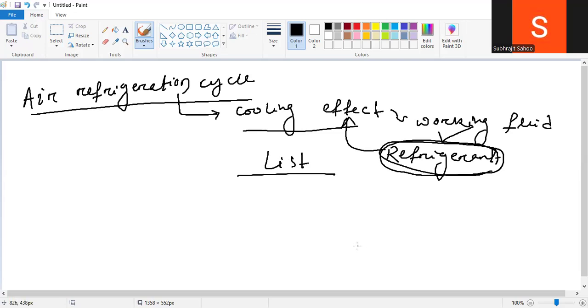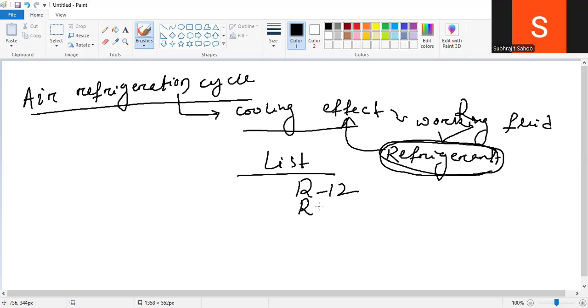That is called a refrigerant. Some examples I will give: which gases are used as refrigerants? There is a code, R12, one refrigerant name.